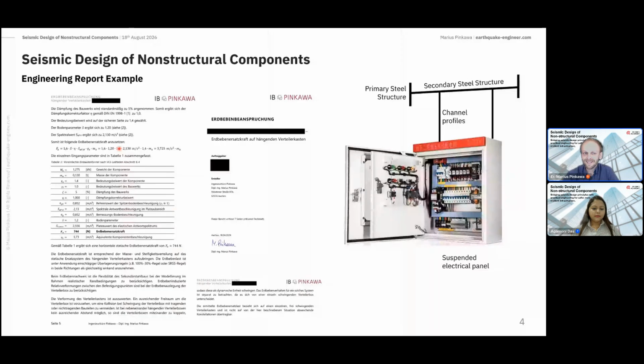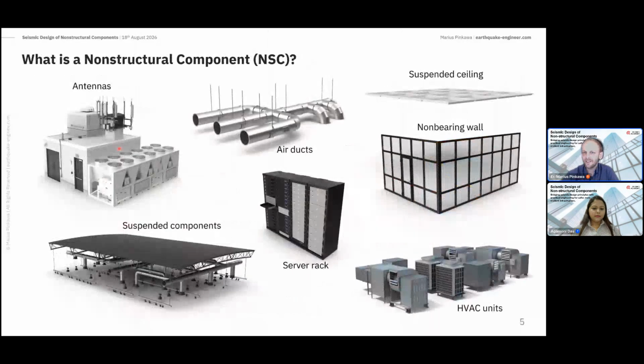So let's start with what is a non-structural component. A non-structural component is typically attached to a building. It is rather small, and so it is influenced by the response of the building. We don't talk about components which are attached to the ground because this is not that interesting. Interesting is when the component is influenced by the dynamic response of the supporting structure.